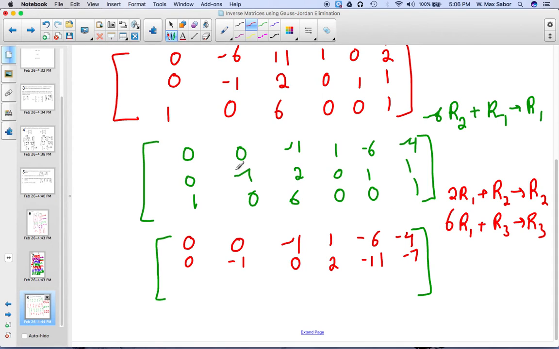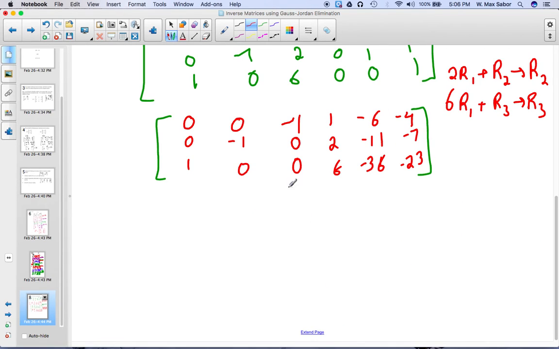And now we're taking 6 times the first row and adding it to the third row. So -1 times 6 will give us -6, plus 6 is 0. 6 gets added there, -36 here, and -24, -23. I want to divide the first 2 rows by -1.